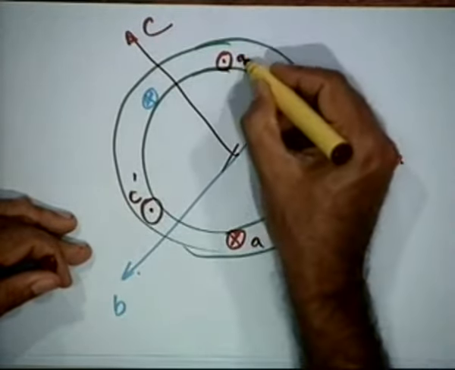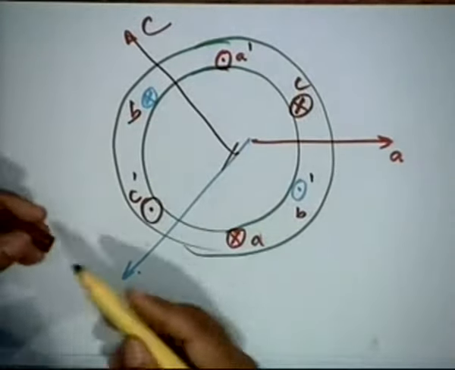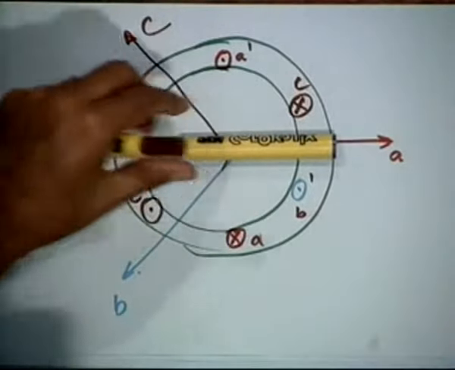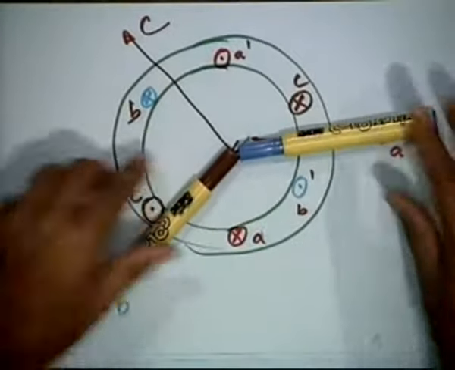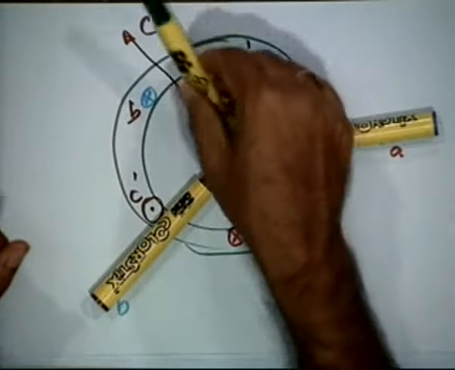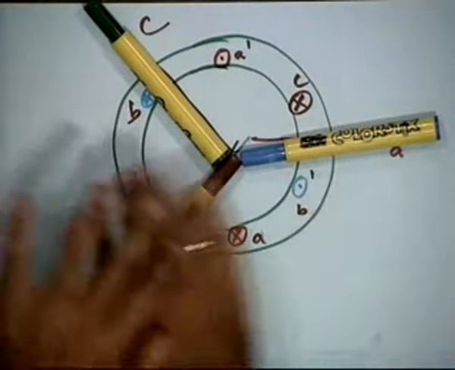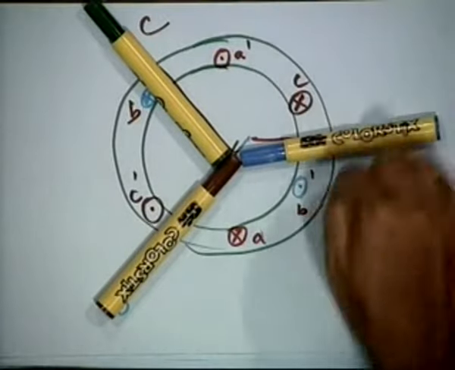So, you have A dash, B dash and C dash, we had done it earlier. So, we have now got one pulsating MMF centered around A, another pulsating MMF centered around B, another pulsating MMF centered around C, okay. 3 MMFs, but they are all varying in time and also space.